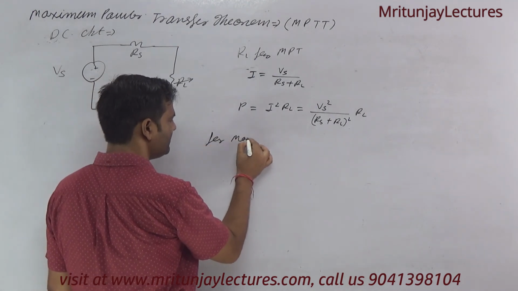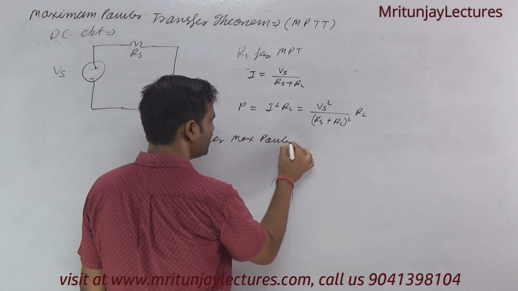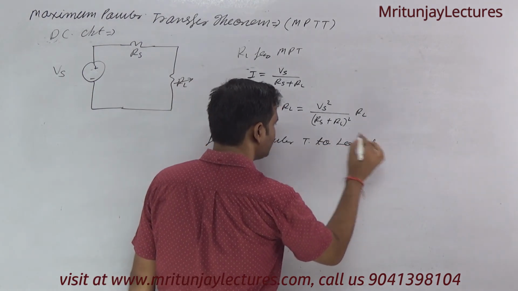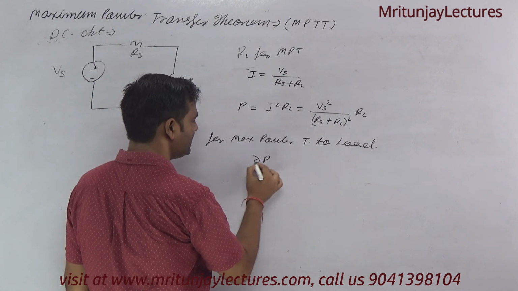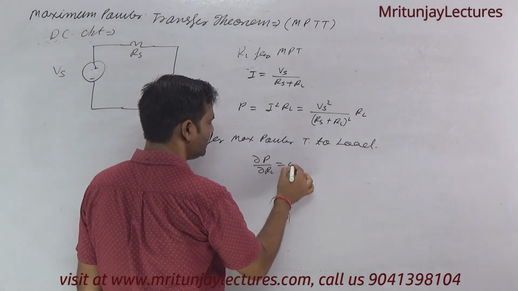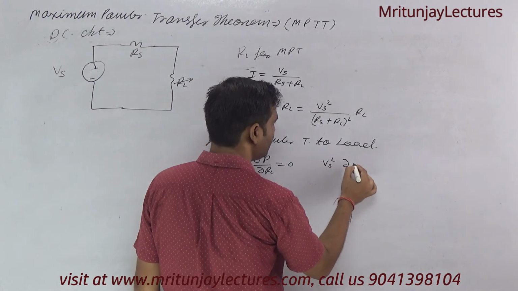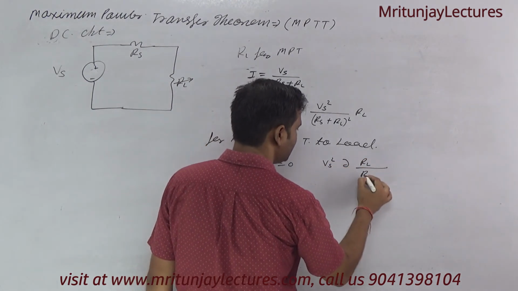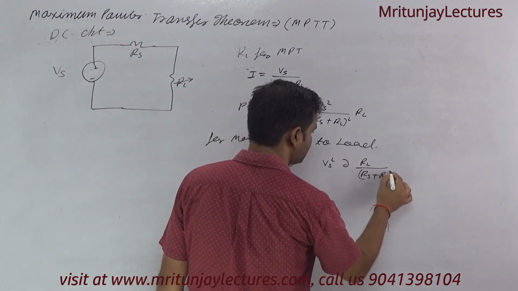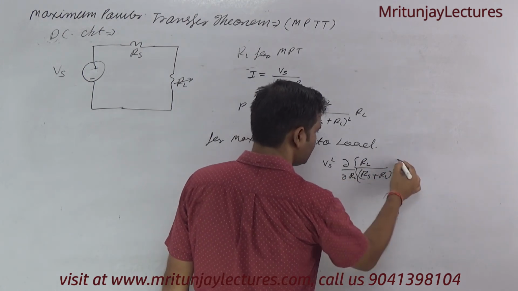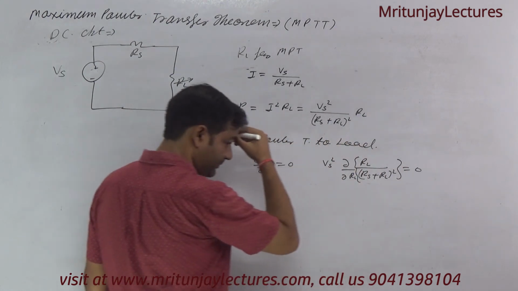For maximum power transfer to the load, dP by dRL will equal 0. So Vs squared, d by dRL of RL divided by (RS plus RL) squared, this will equal 0.